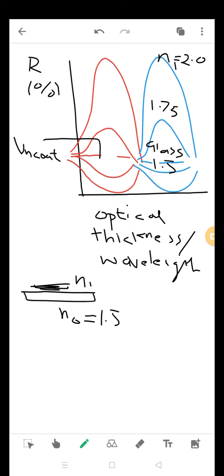So this distribution is the representation of the reflectance as we go from N1 to N0. So this one stands for the N1 value, and this is actually the uncoated part. Okay, so this is how the reflectance changes.